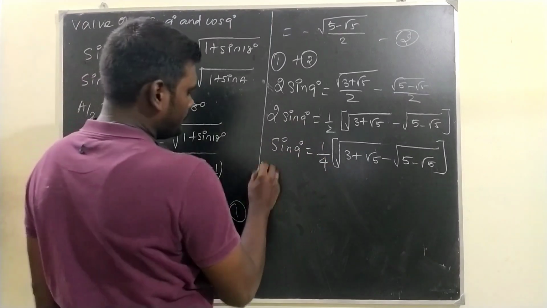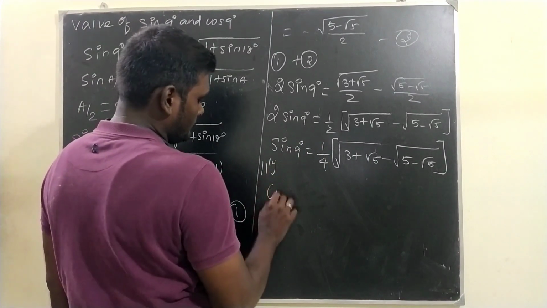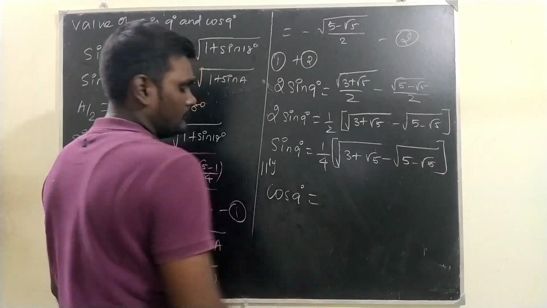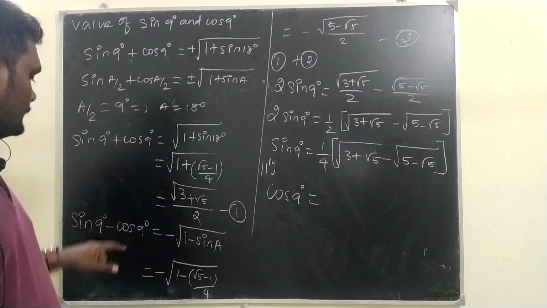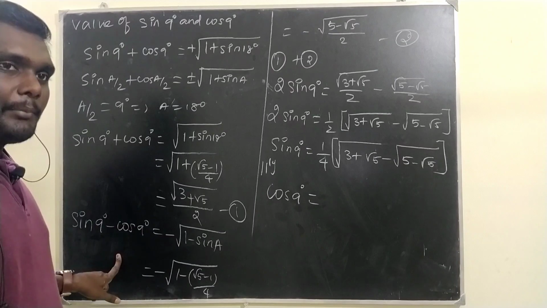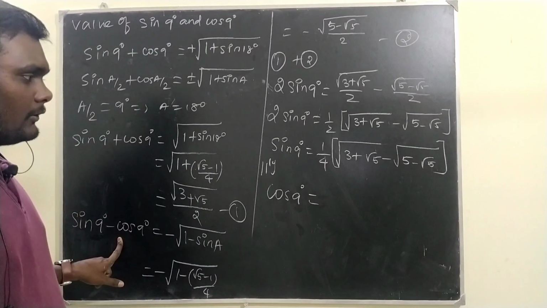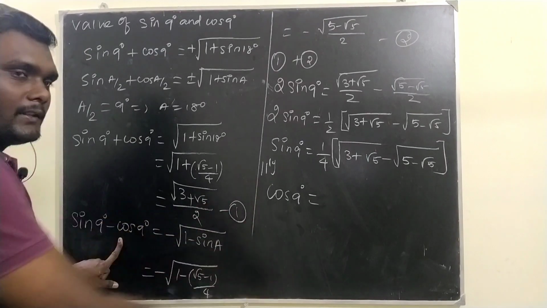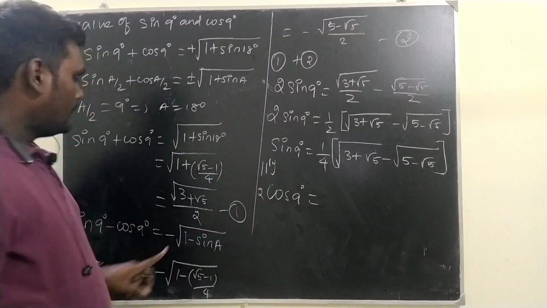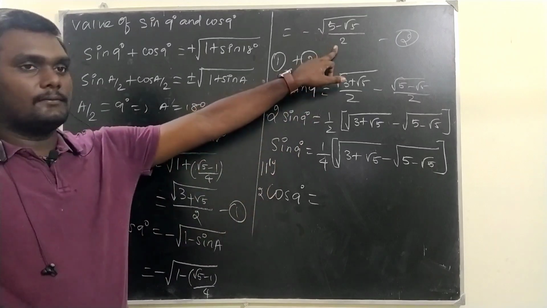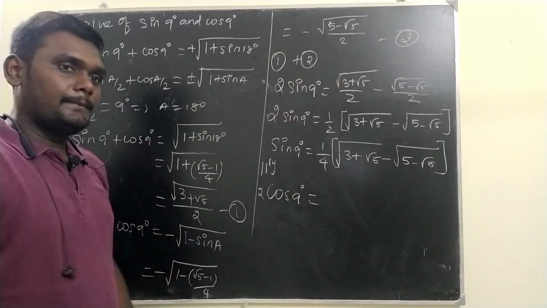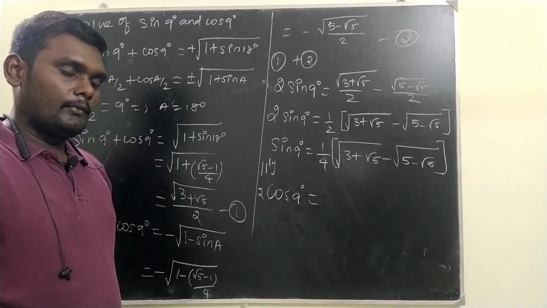Cos 9 degrees, instead of adding these two, we have to subtract. Subtract means this will become positive. So we will get 2 cos 9 degrees. So this subtracted from this, that minus will become what? Plus.